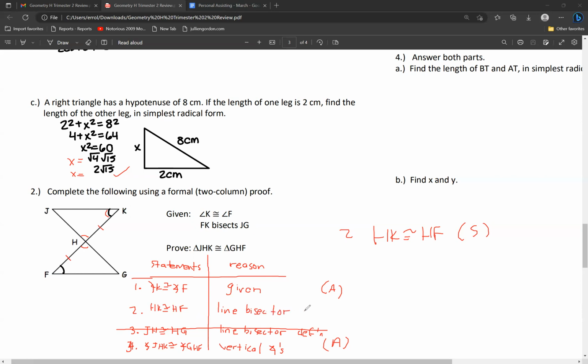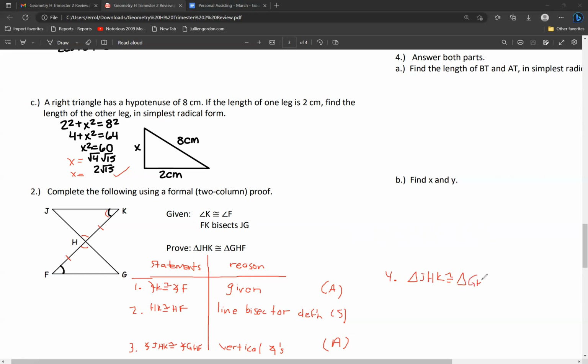And then three would be, this is your side right here, the new number three on the bottom. And then number four is that the two of them are congruent by ASA. The actual statement: triangle JHK is congruent to triangle GHF by ASA, angle, side, angle congruency.